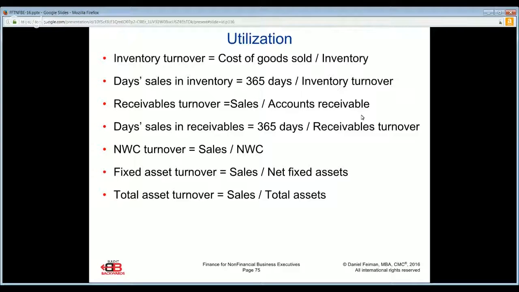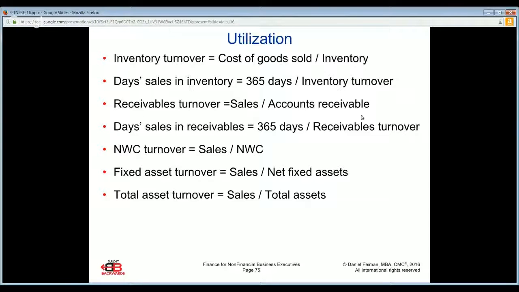It won't tell us that in reality, if we measure this as 6 times, which means if you move to the next ratio, day sales in inventory will be about 60 days. Again, that's average. It won't tell us which pieces of inventory have been sitting around for 4 years when other things are turning over in 12 days. So please use that as a caveat.